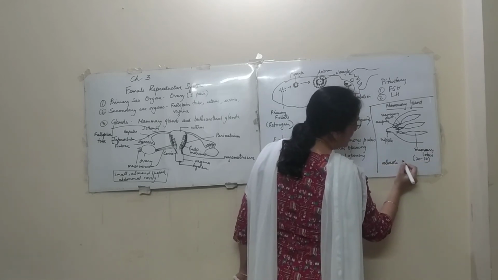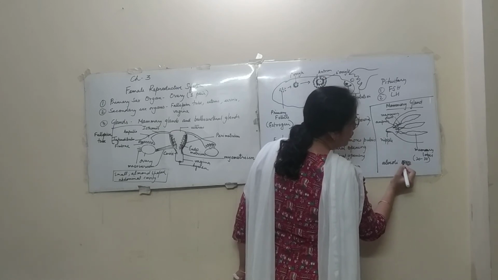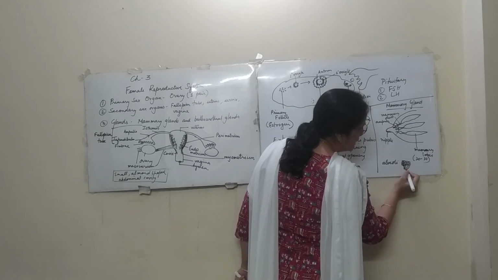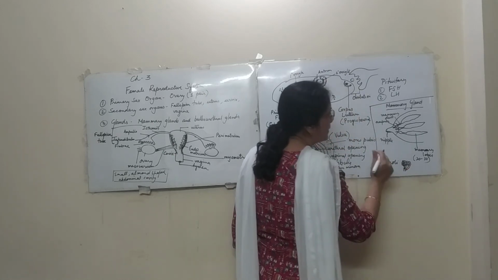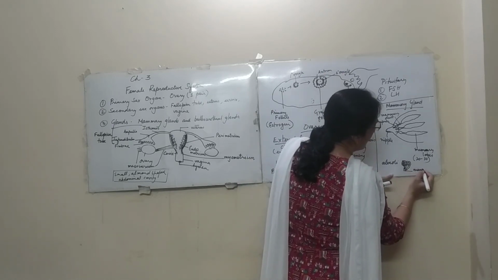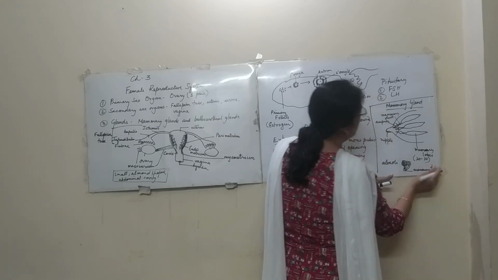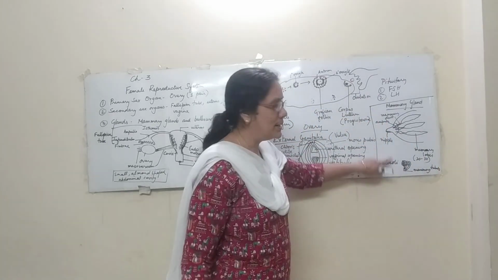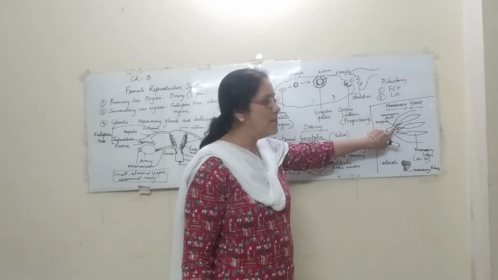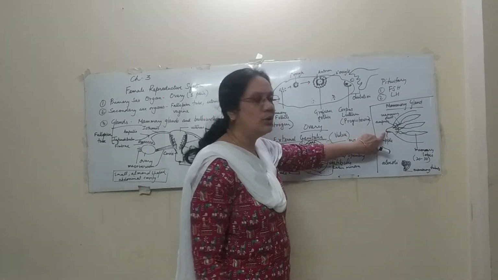Alveoli are nothing but a bunch of cells which produce milk, and the ducts from them join to form the mammary tubules. The mammary tubules join to form the mammary duct, and the mammary ducts pour the secretion, that is the milk, into the ampulla where it is stored, and it comes out through the nipple.